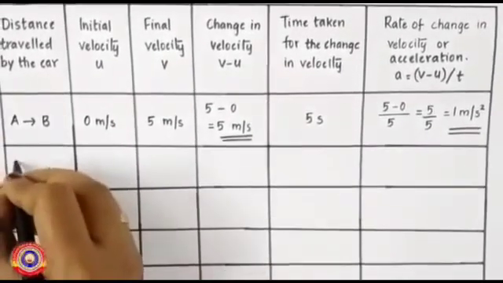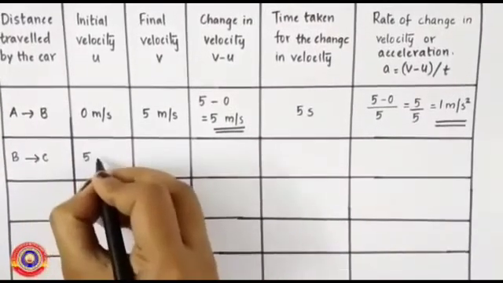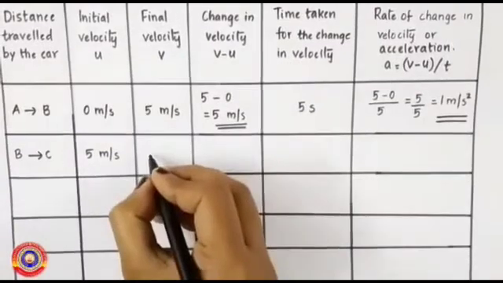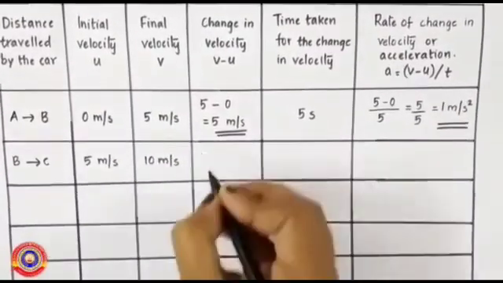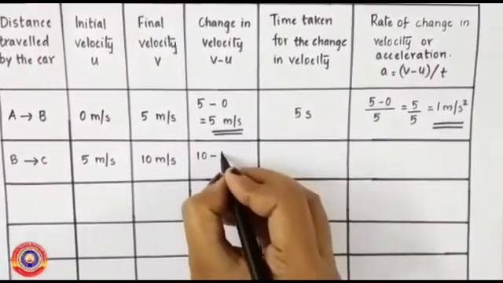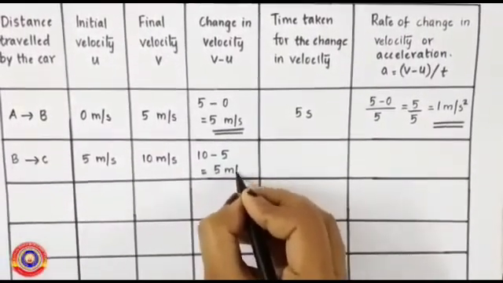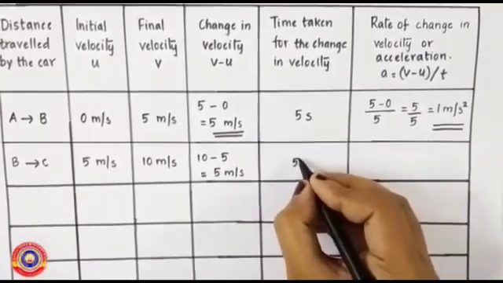From B to C, here the initial velocity is 5 meters per second and the final velocity is 10 meters per second. The change in velocity is v minus u. So 10 minus 5 equal to 5 meters per second. It takes 5 seconds to reach from B to C.